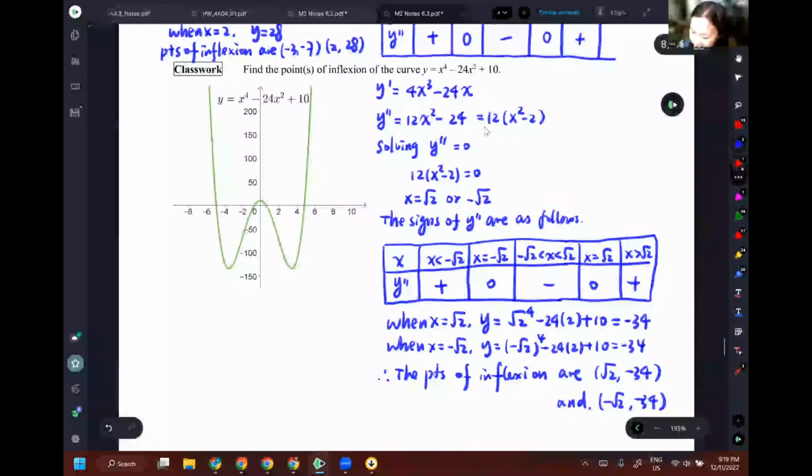This is not 24, 48, 4. I thought so. 4, 2, negative 2.